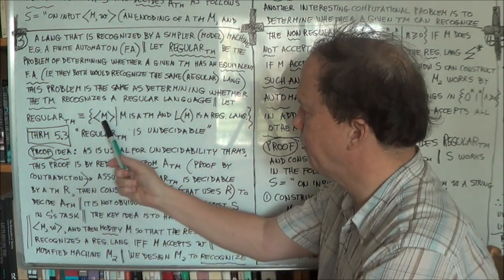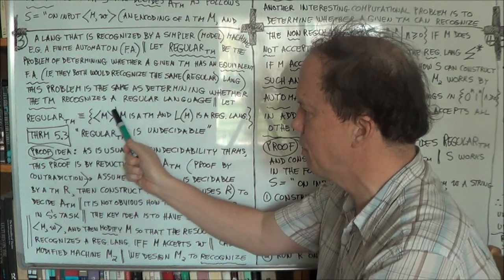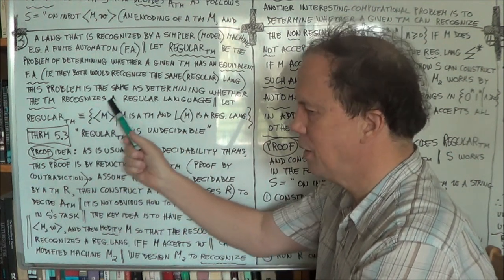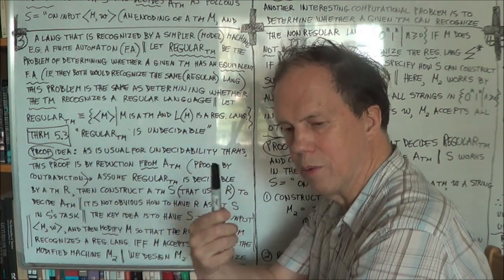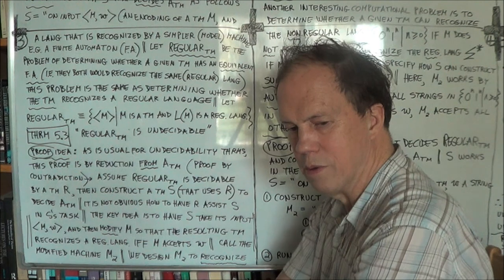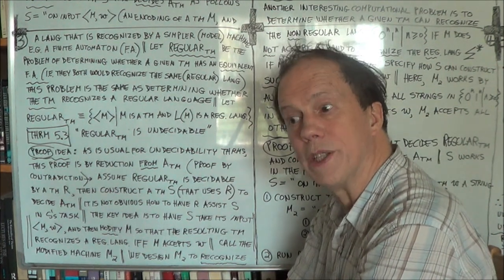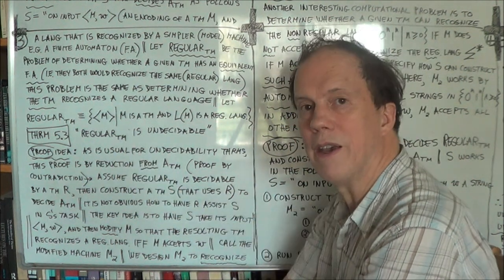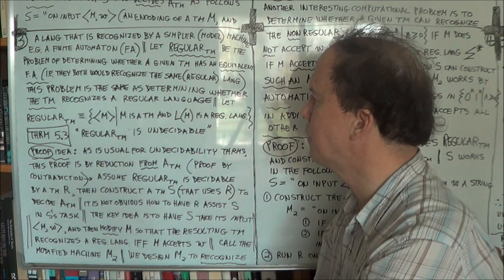We use the decider. We input this string into the machine, and it will accept or reject. So it'll give us an answer to our computational problem: does this machine M have an equivalent finite automaton?